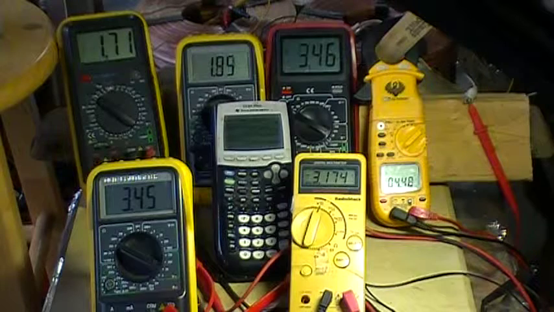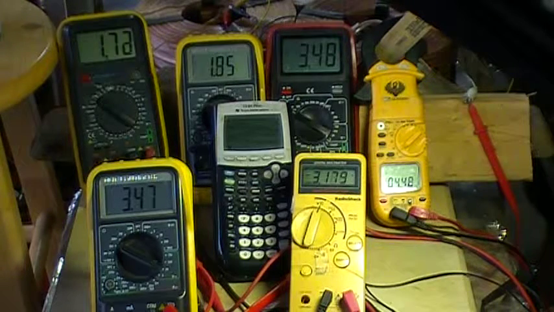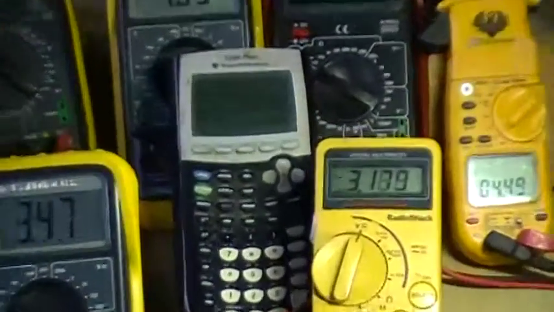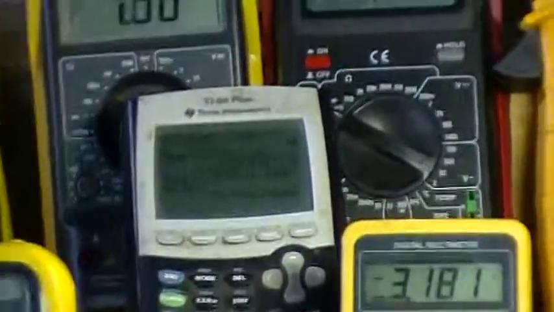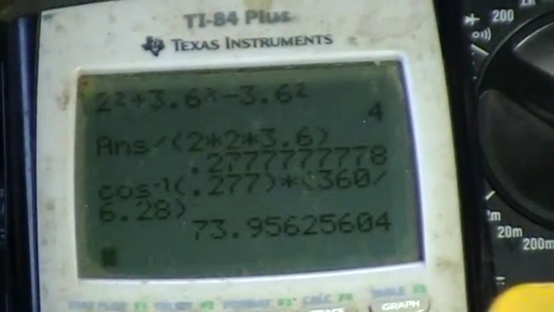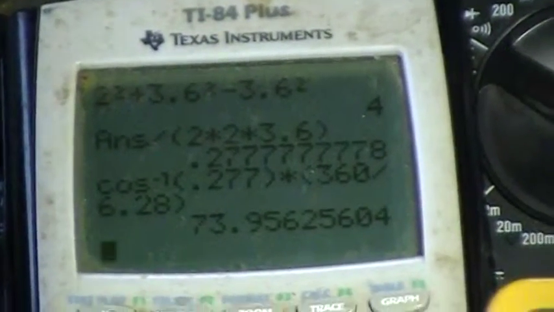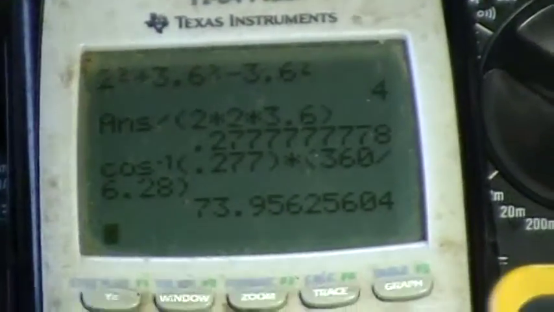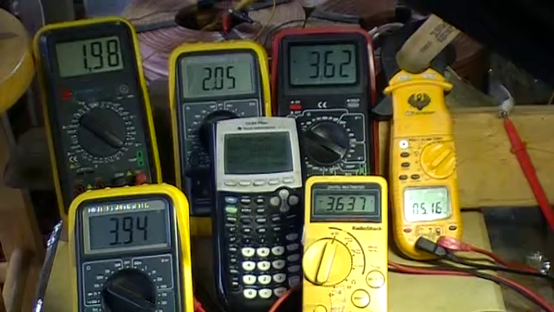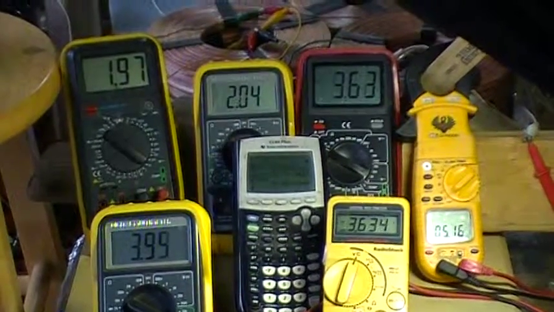It's been on for a while. Well, based on an earlier measurement, we come up with 73.9 degrees, and before that I measured 60 degrees. It's probably looking right there. That's right. That's correct.